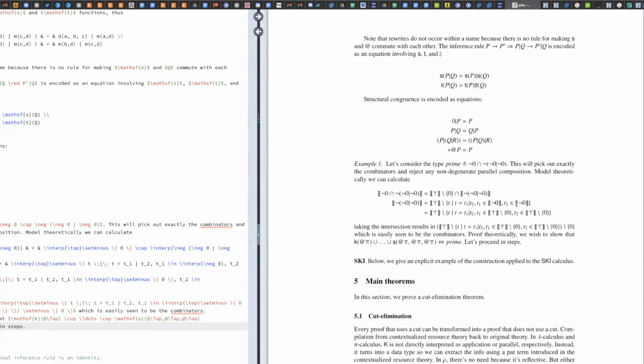So this part is all the ones which are parallel composition or compositions which are not empty, I'm sorry, not the 0. And then you pull that out of top. So it's taking the intersection of top minus 0, which is just going to be the non-zero versions of these things, and that's easily seen to be the combinators.